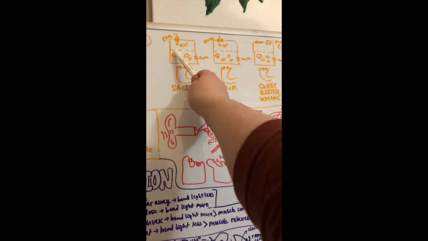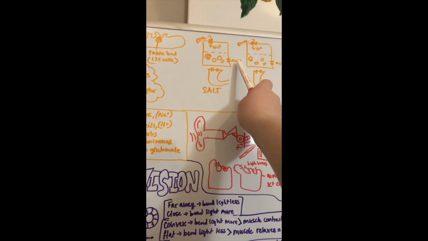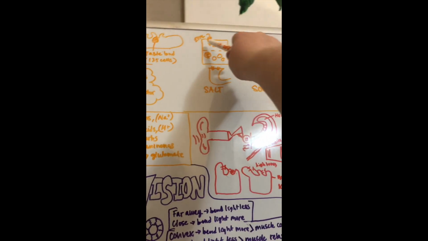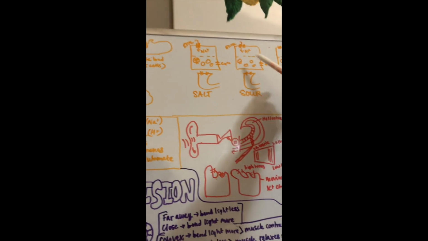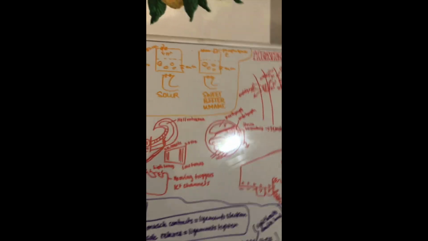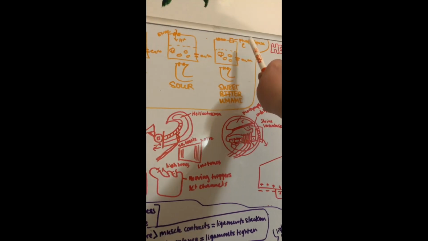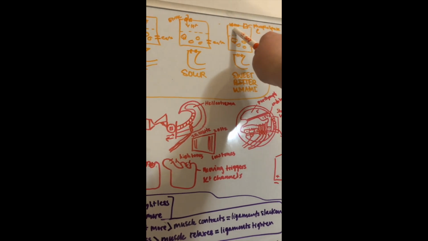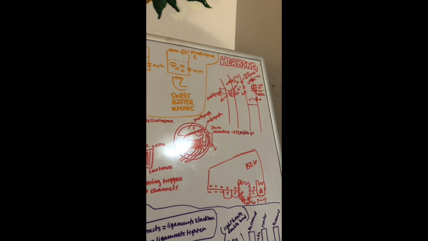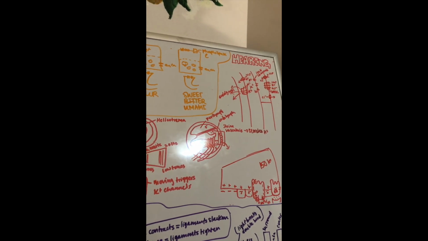You've got your SR, and then you've got your vesicles and your voltage-gated calcium channels. So this comes in depolarizing the cell, causing an action potential. Same thing, you've got an ENaC, except this time it's hydrogen for sour. And then for sweet, bitter, and umami, you've got a G protein that sends off its alpha subunit to start up phospholipase C.